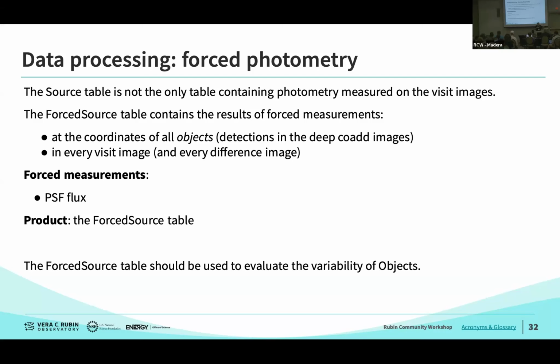We actually do forced photometry on every visit image, but also on difference images. But you only get PSF fluxes for the forced photometry, unlike the detections, which include various flux measurements. All of this can be found in the forced source table, which is a super useful table if you're interested, for example, in studying variability of objects using light curves.